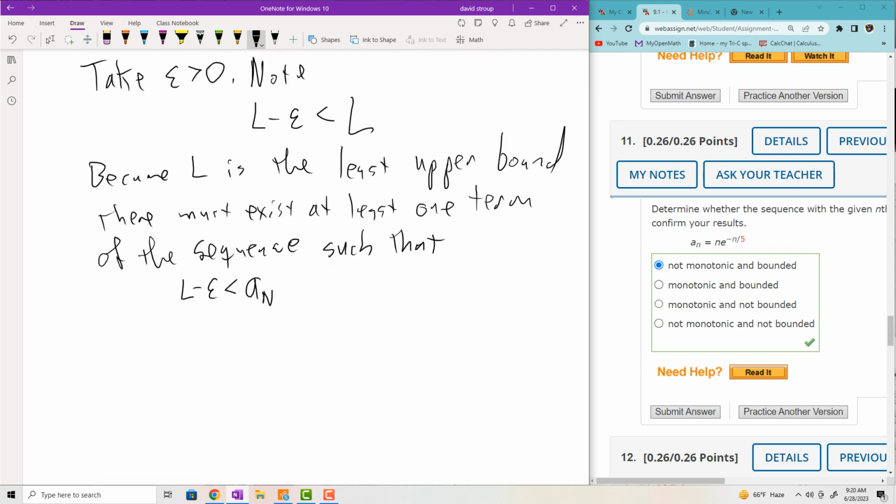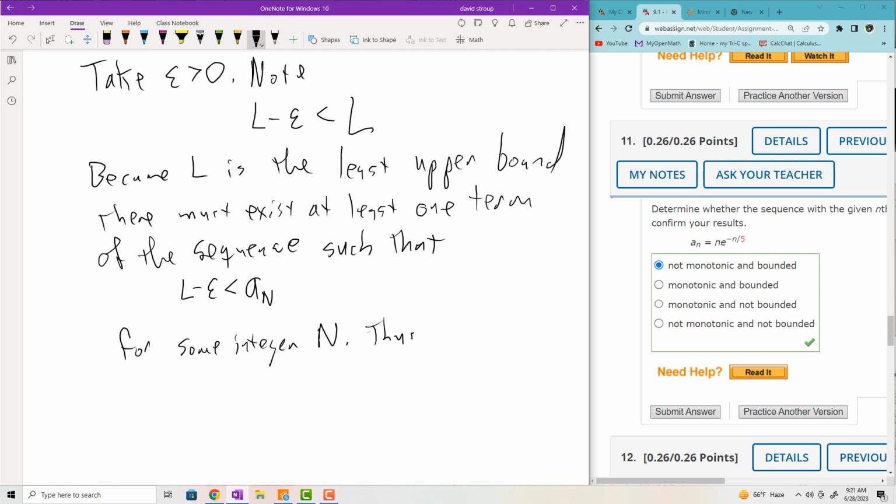Okay. And again, it's because if this was not true, then L minus epsilon would have to be the least upper bound, but we said it's not. L is the least upper bound. Okay.